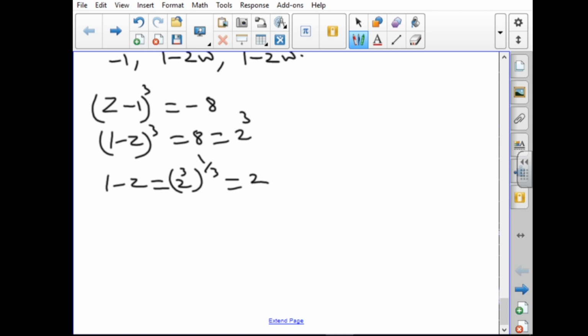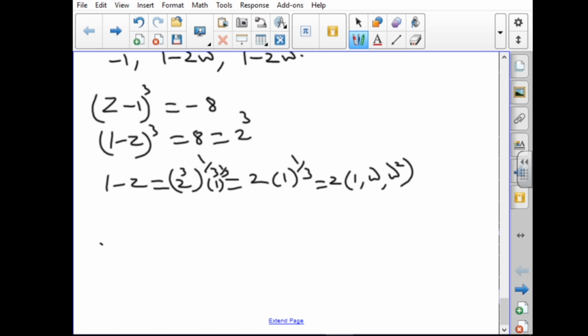Here we have 2 into 1. The 3 roots of unity are 1, omega and omega square.